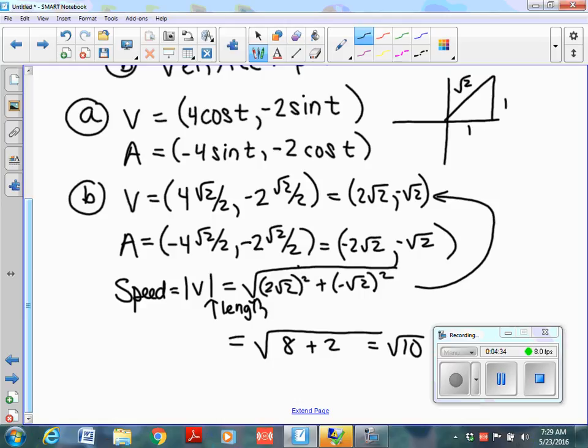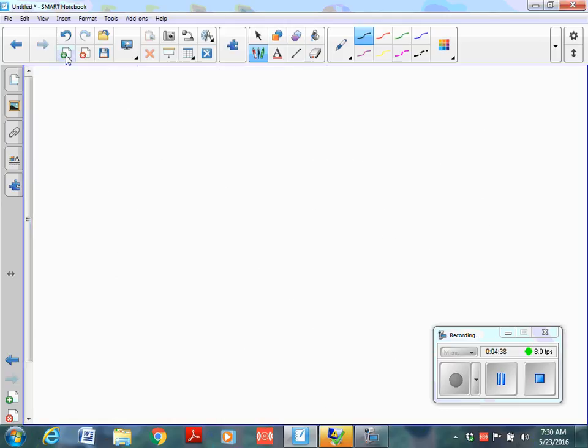Okay, the next part is just going over, okay, I showed you how to do the derivative for the velocity and the acceleration, and now I'm just going to talk about displacement, which is integration, and distance traveled.